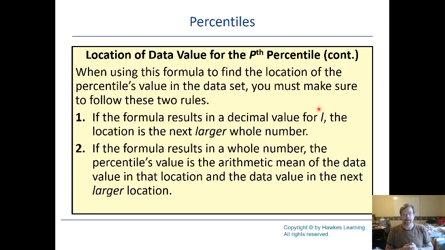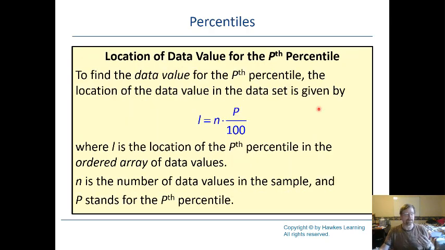So this formula is telling me not the data value. It's telling me which place I'm in. So if I've got 75 data points, and I'm looking at the 80th percentile, 75 times 0.8.